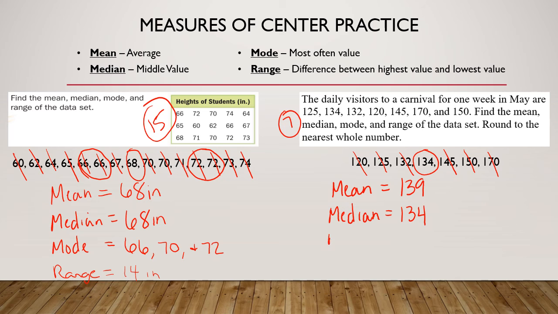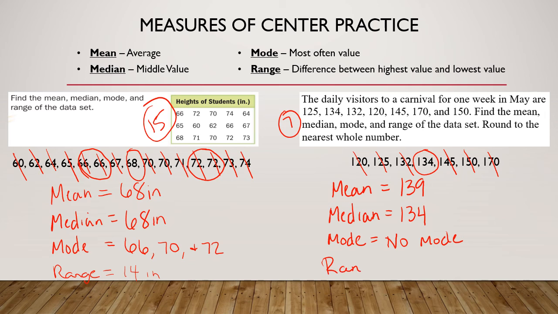My mode brings up an interesting point. Since none of the numbers repeat more than once, there's actually going to be no mode. And you need to write no mode when you do this, because you can't write the number 0, because 0 could in fact be a mode. Okay, so make sure you write no mode.